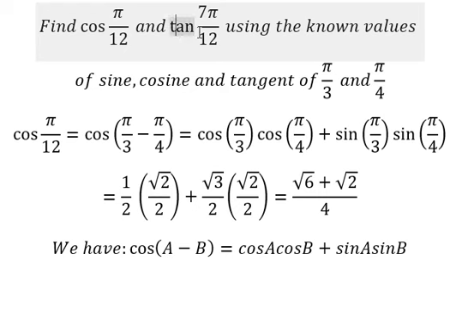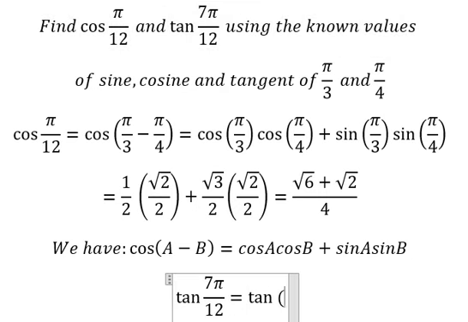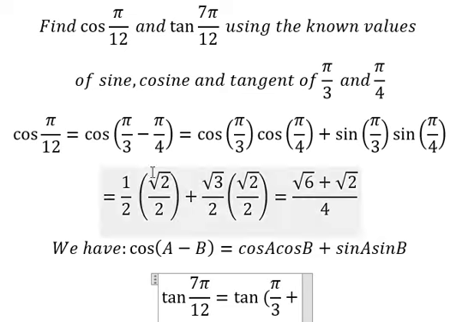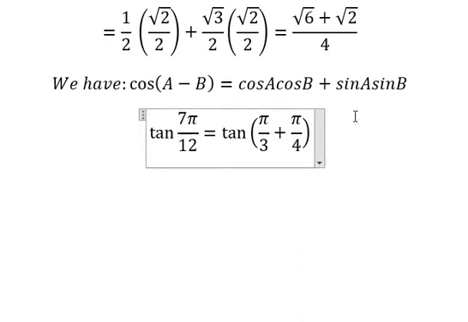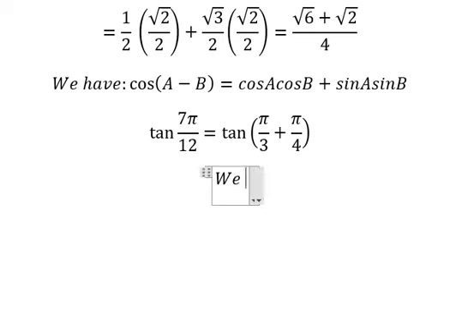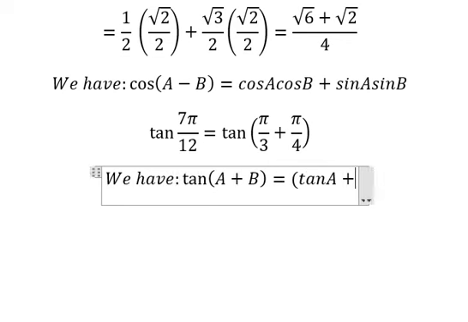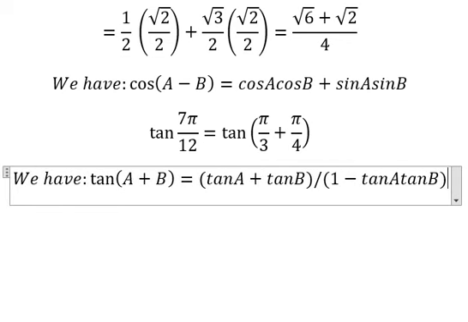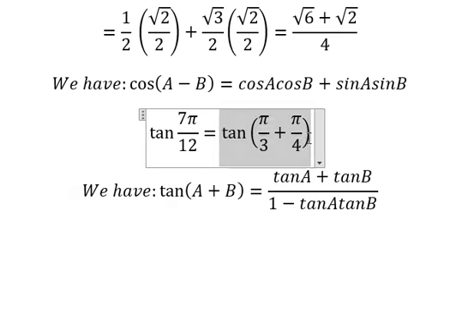Now let's go to this one. This one, that is about tan of π/3 plus π/4. So this one, we have the formula. So we can apply this one, go in here.